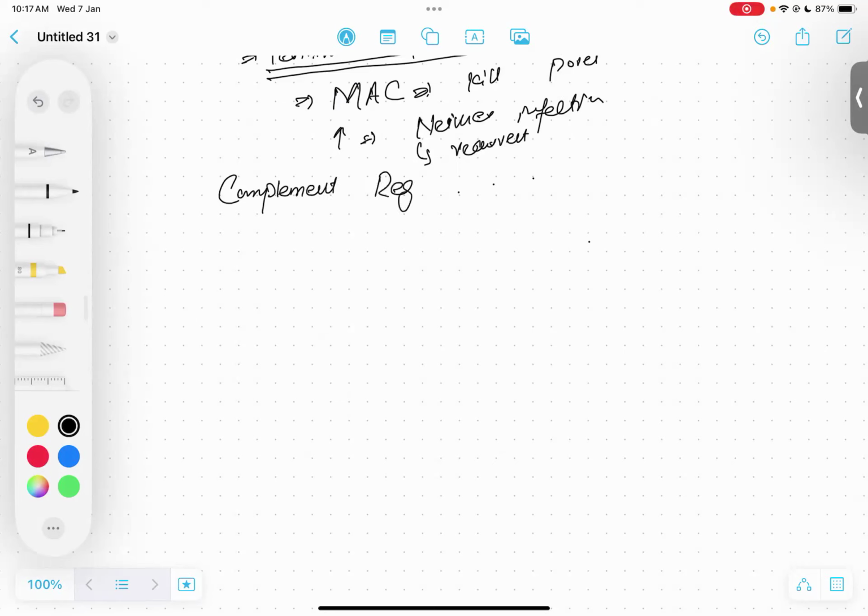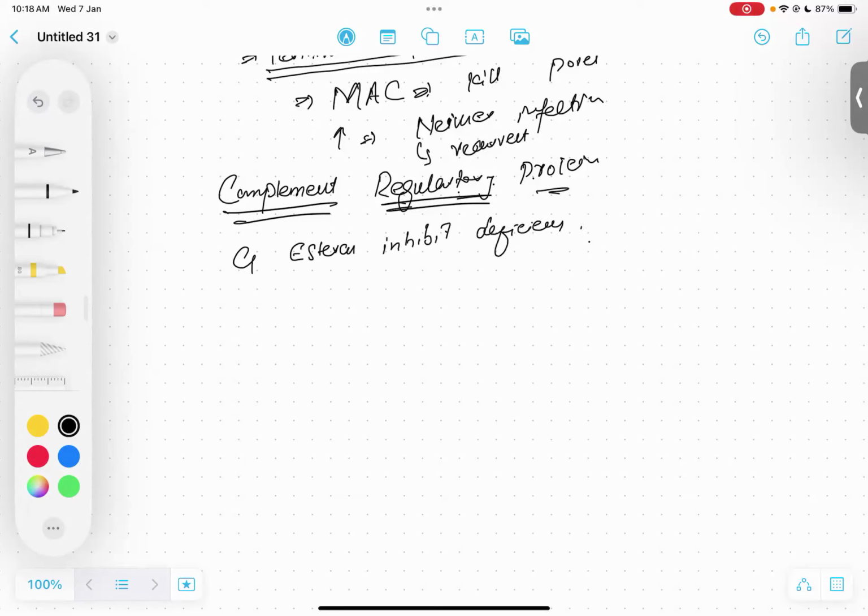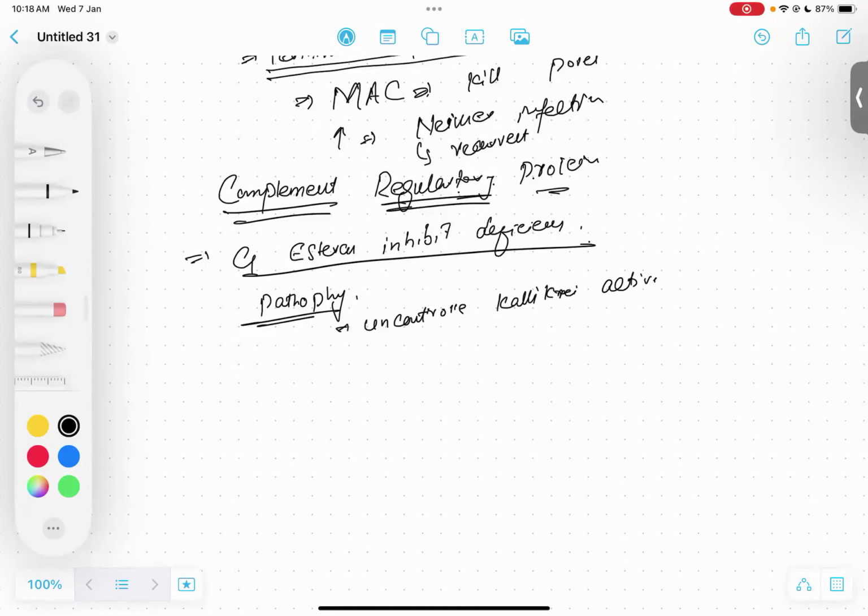So regulatory protein deficiencies: the first one is C1 esterase inhibitor deficiency, and this deficiency will lead to angioedema, because there will be uncontrolled kallikrein activation that will lead to increased production of kinin.